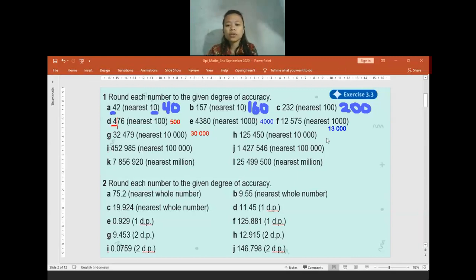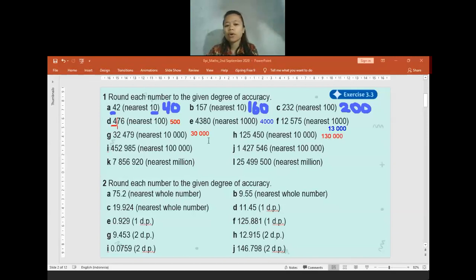For the H, if we round off to the nearest 10,000, how many will it be? It will be 100. How many? 100 and 30. Yeah, 130,000. Is there anyone who is confused?